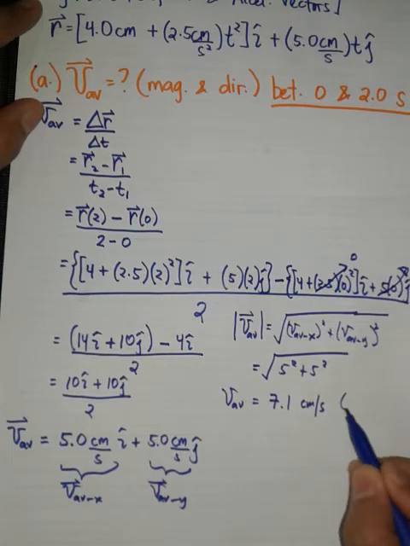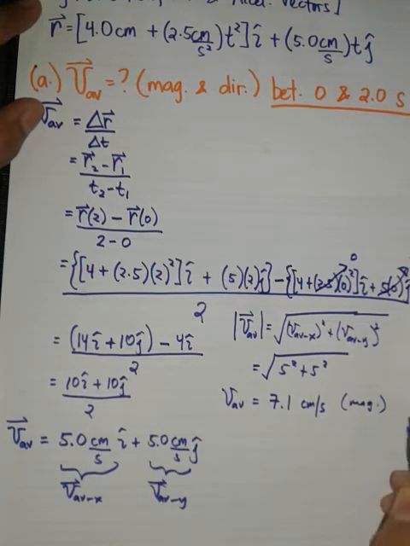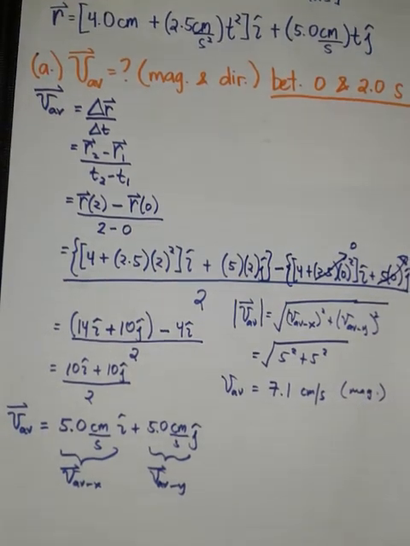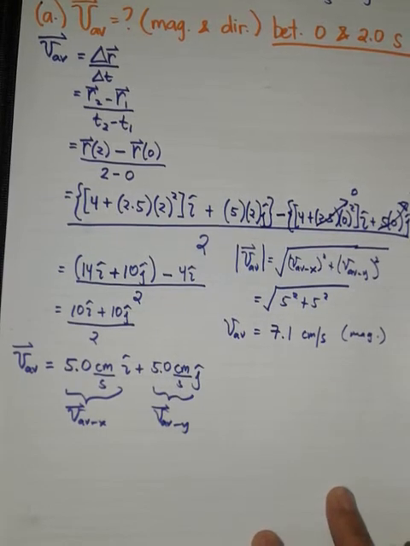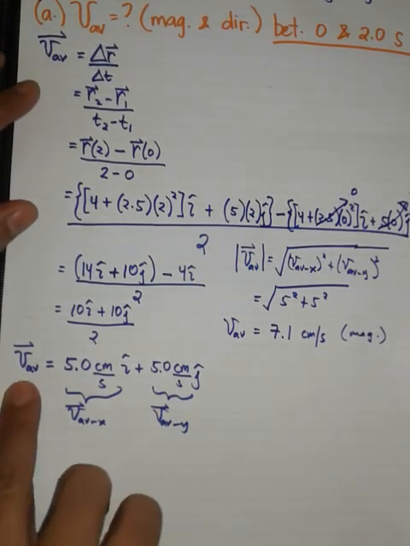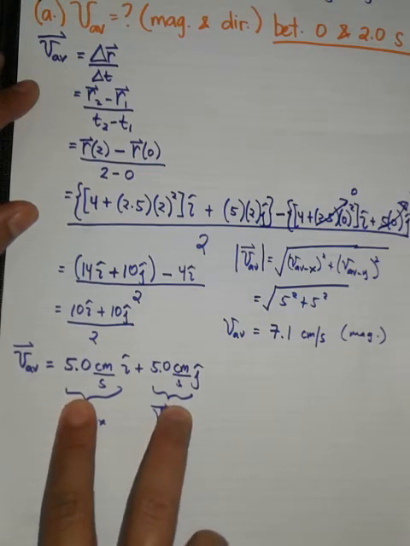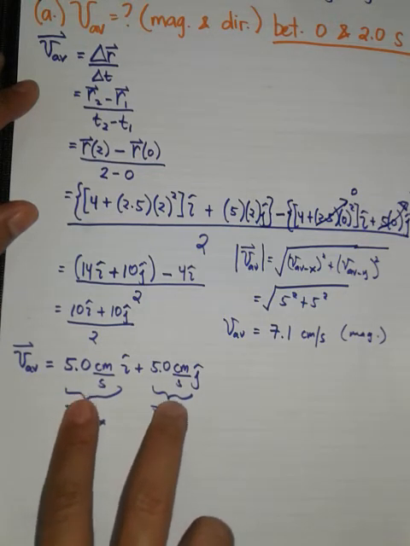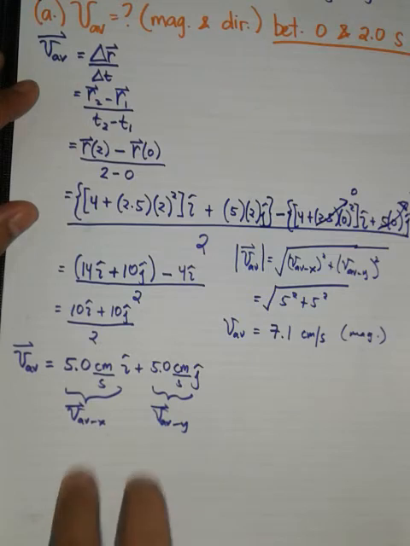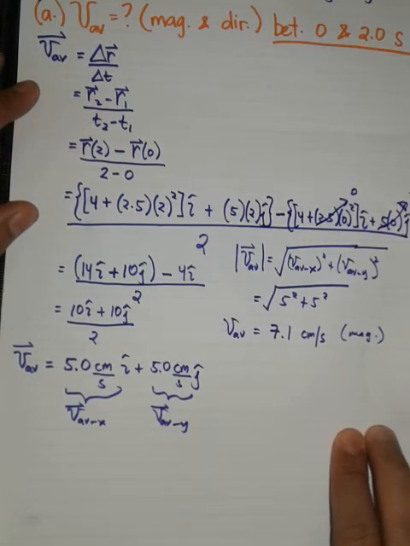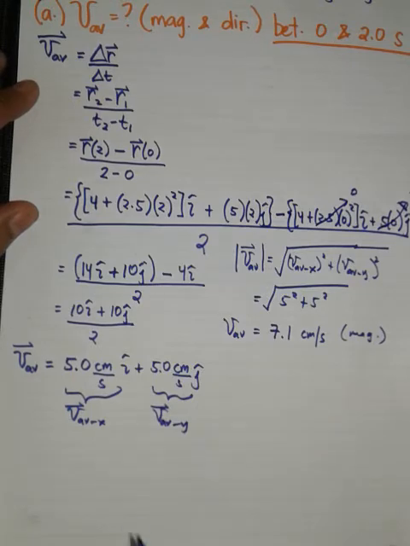So, this is the magnitude. Okay? And then, for the direction, okay, make it a habit, class, na pag meron kang hinahanap na vector, kahit anong vector pa yan, tapos alam mo na yung components, i-sketch nyo kaagad ang component, no? I-draw kaagad para meron kang idea kung saang quadrant siya, para mas madaling mag-declare ng final answer na direction.